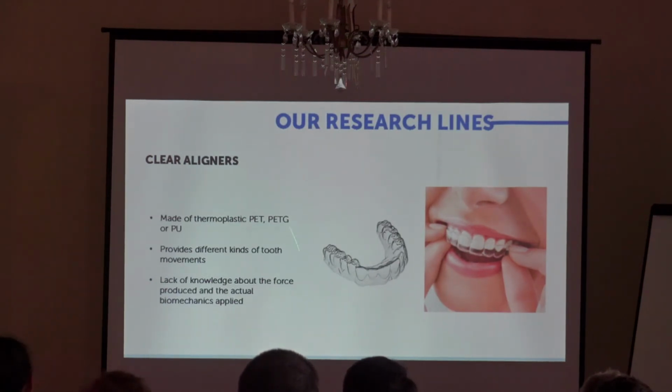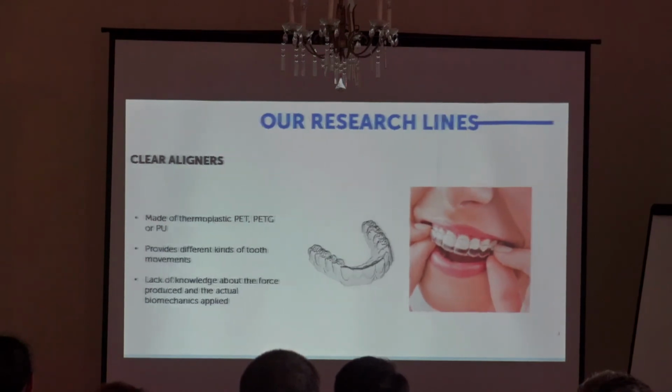But there is a lot of research to do on this, because there is a lot to study about the material properties and also the biomechanical systems produced by this kind of appliance.